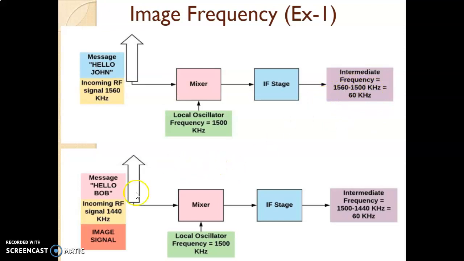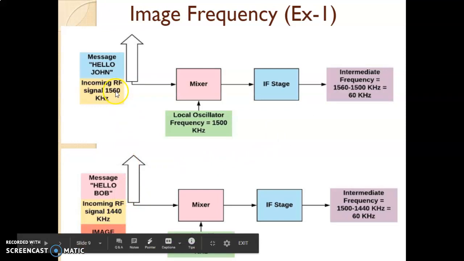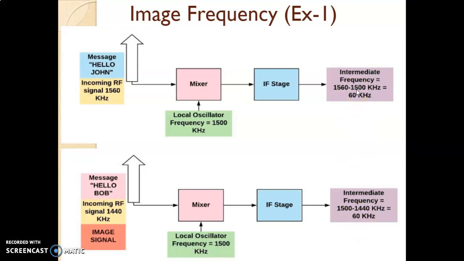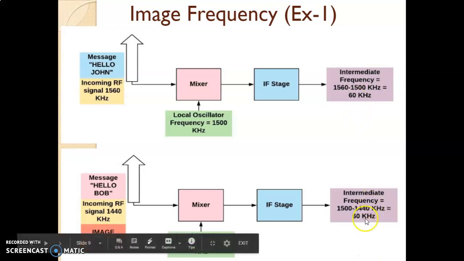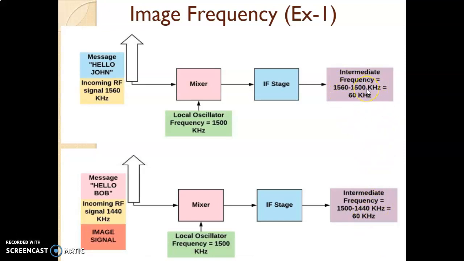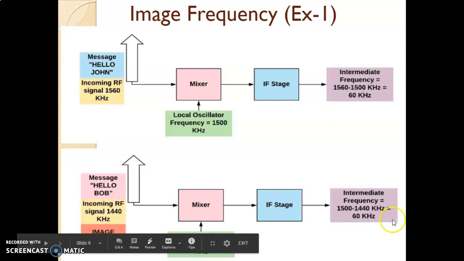So you see the image signal is coming at a different frequency, the information signal is coming at a different frequency, but they both are producing the same intermediate frequency at the output, and this is what is called the image frequency. So image frequency will also produce the same intermediate frequency as your original information signal is producing. And that is why we have made the statement that once the image frequency is mixed up, it cannot be further removed.